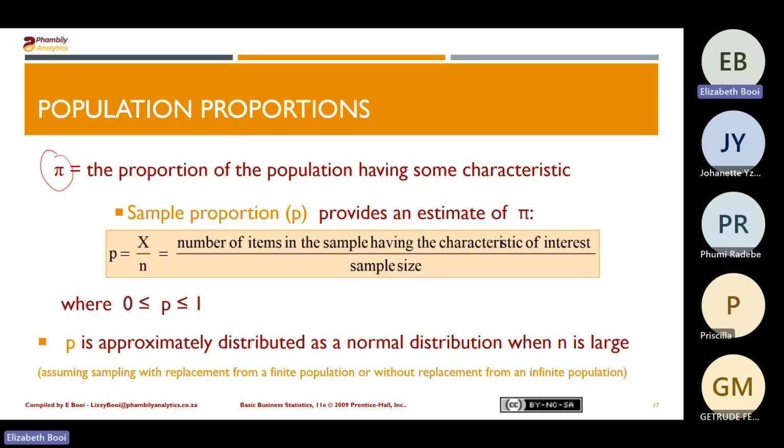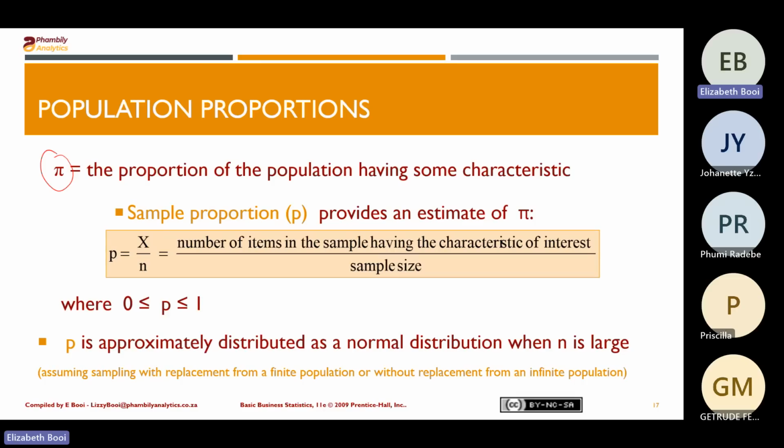And you are able to calculate x divided by n, where x is the number of items in the sample having the same characteristic of interest. So they will give you the outcomes, which are your x value, and you can then take your sample size and calculate your proportion.